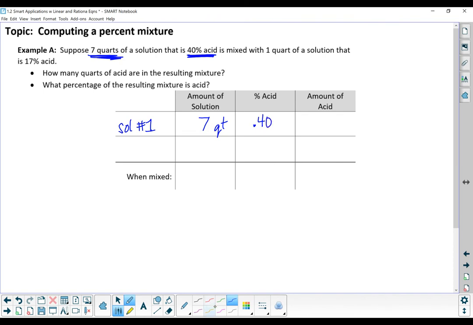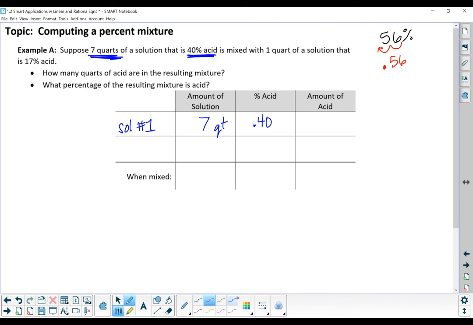Just remember, if you have a percentage like 56% in decimal form, that would be 0.56. So we move that decimal 2 places to convert a percentage into a decimal. And when you're doing computations, you always want to use the decimal form.